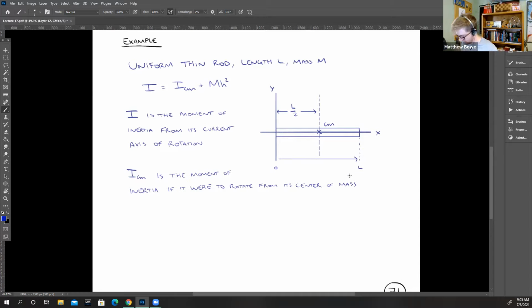I'll just underline the "if it were" part. If it were to rotate. That's the whole thing.